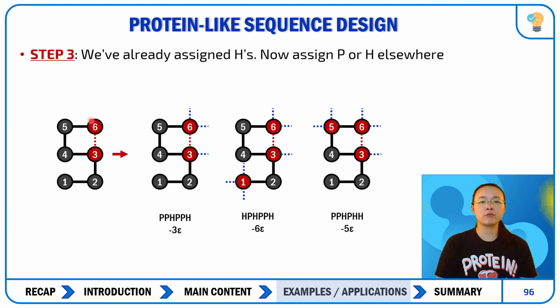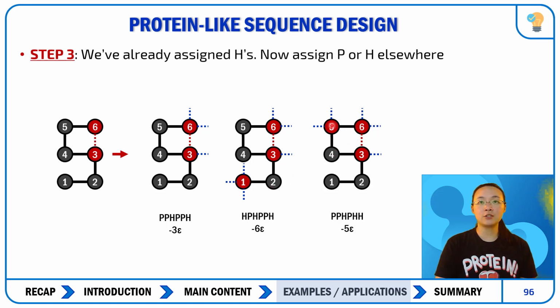How many unfavorable contacts can come from this? I'm going to draw my unfavorable contacts in blue. 1, 2, 3. So there's 3 unfavorable hydrophobic contacts. If I change this to another H, you get an additional 3 unwanted contacts.